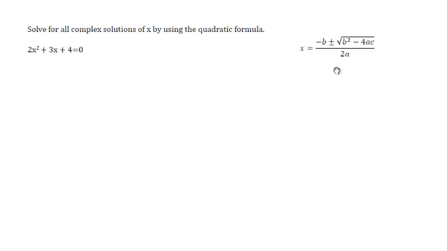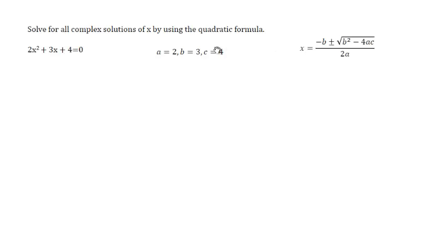We're going to use the quadratic formula to do this. Even if we tried to factor this, it would not factor because this is a prime trinomial. So the quadratic formula will work for us in this case. The quadratic formula says x equals the opposite of b plus or minus the square root of b squared minus 4ac, all divided by 2a.